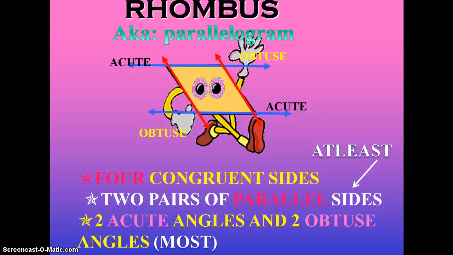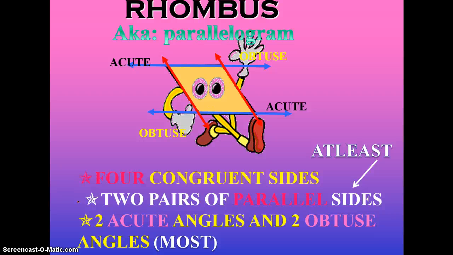It's a specific parallelogram that also has all four sides congruent. So not all parallelograms are rhombuses, but all rhombuses can also be classified as a parallelogram. It's a unique parallelogram that has all four sides congruent.